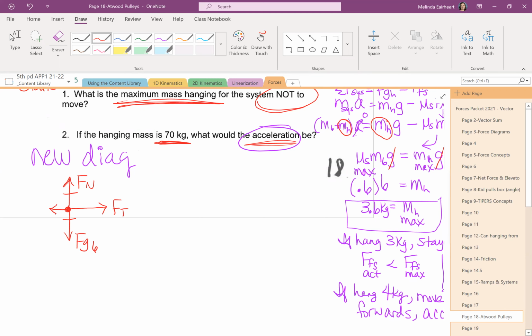Now that we're moving, it's going to be labeled force of friction, kinetic. So magnitudes change and the subscript on your friction changes. That's a change. You think AP would grade for those changes? Oh yeah. And then what about our hanging mass?